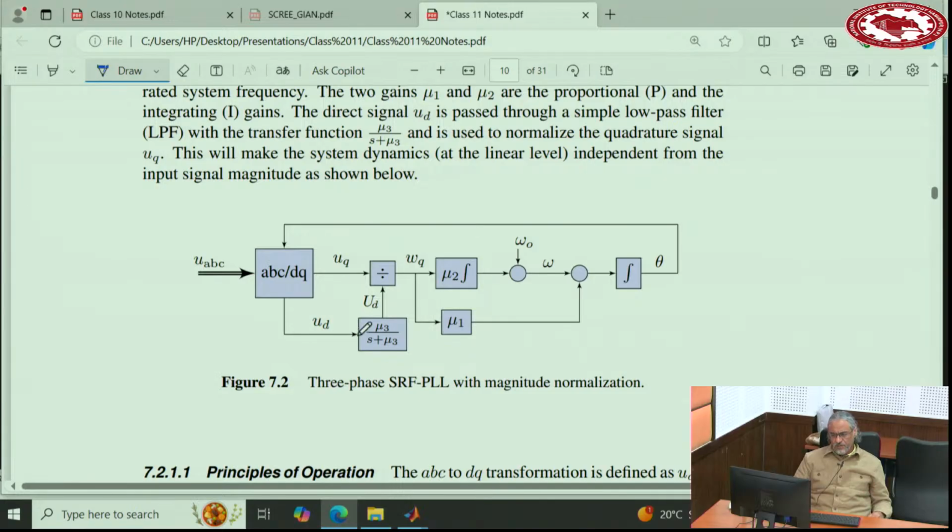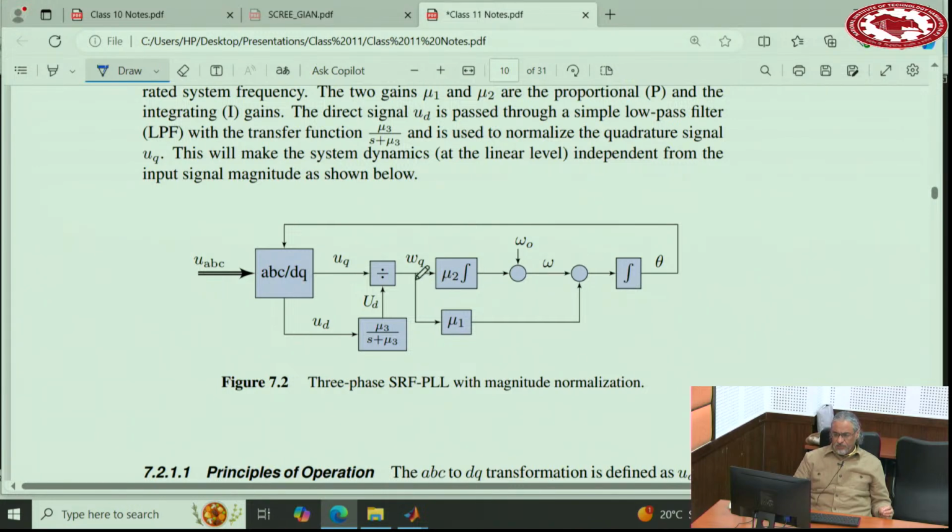You filter the D component, which estimates the magnitude, and you divide the Q component by this filtered version. So this is now a normalized version of the Q component. So it has the information of the angle difference in it.